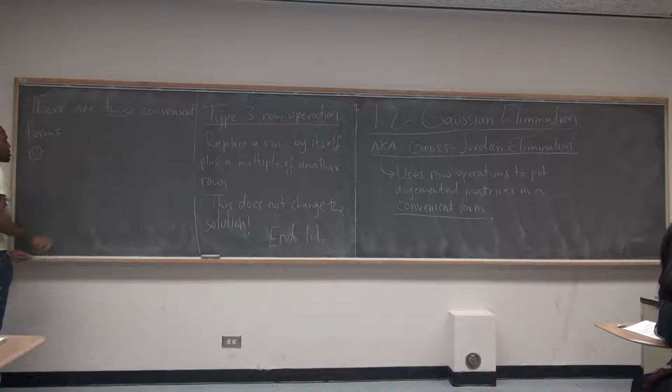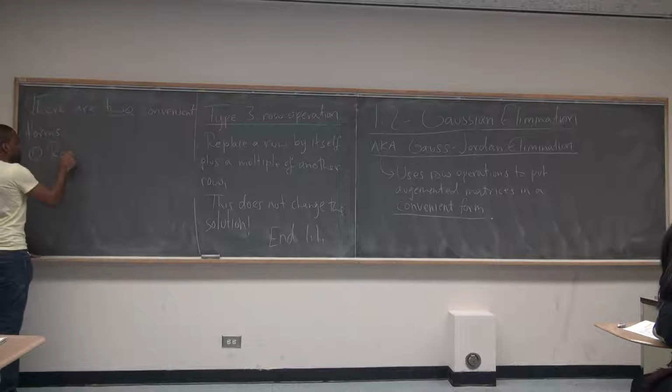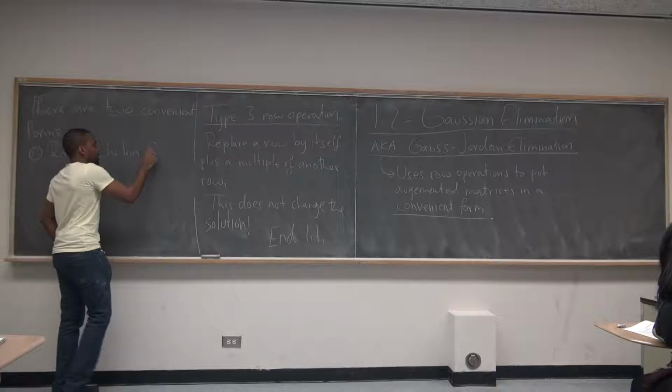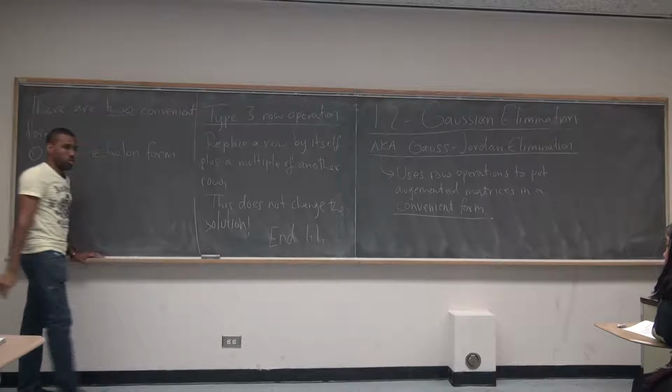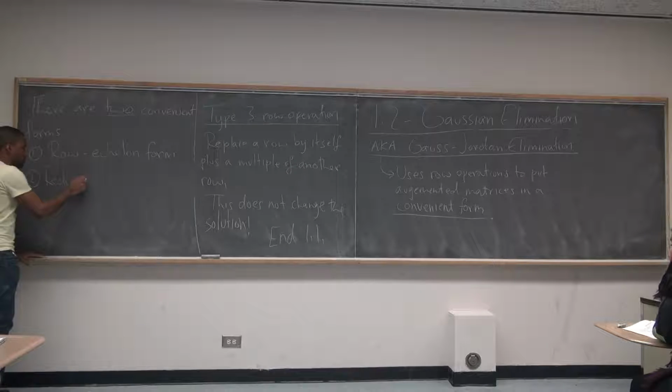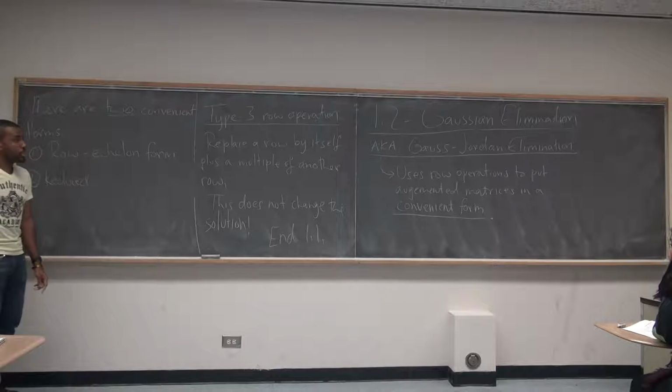One is called row echelon form. I do not know where the name came from. That's what it's called. Row echelon form is one of the convenient forms. Two, it's called reduced row echelon form, which is row echelon form on steroids, right?